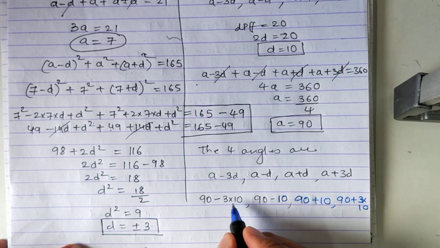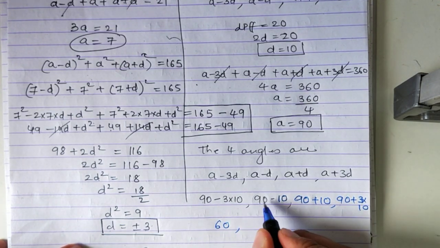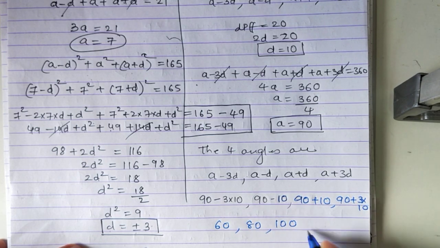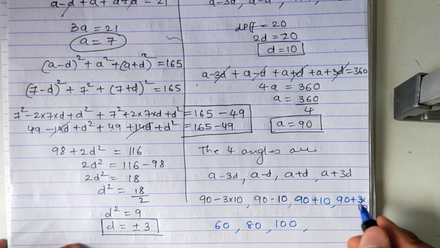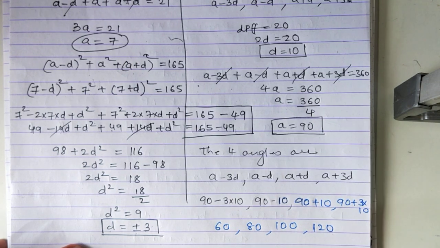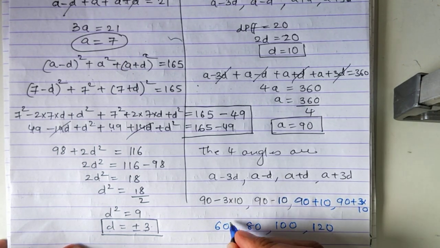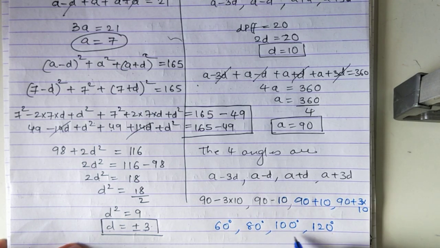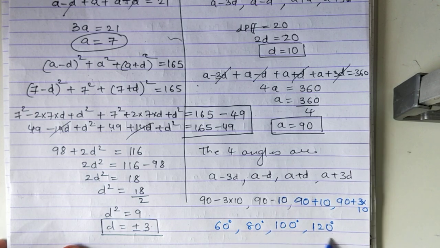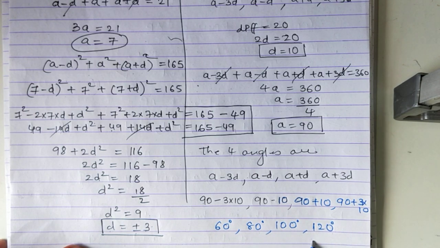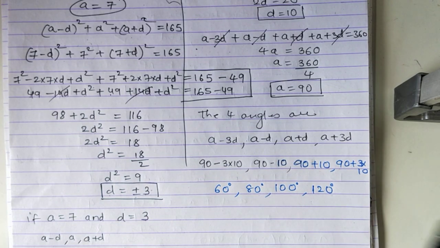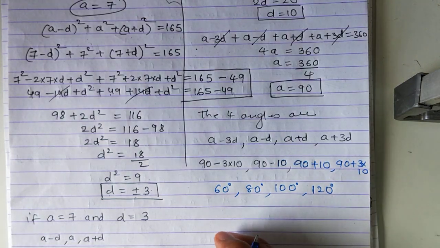Okay, so 90 minus 30 is 60, 90 minus 10 is 80, 90 plus 10 is 100, and 90 plus 30 is 120. So these are my 4 angles, 60 degrees, 80 degrees, 100 degrees and 120 degrees. ये और these are in AP also. देखो इनका difference same है, they are in AP. Okay, this is how you solve the sum.